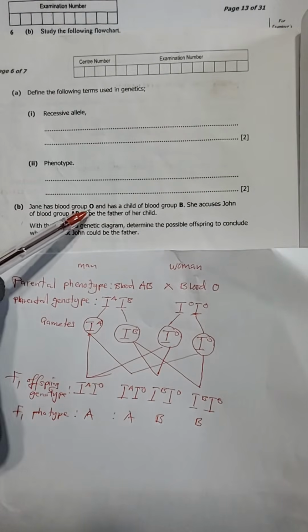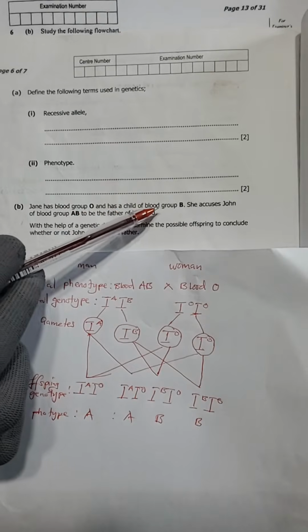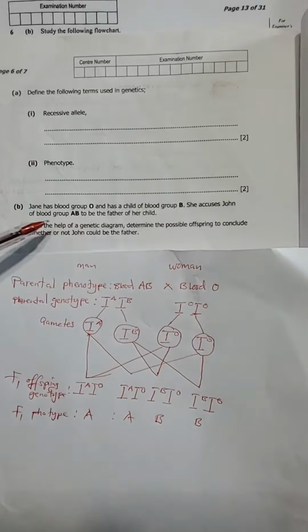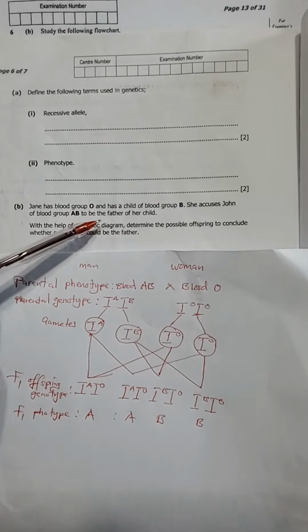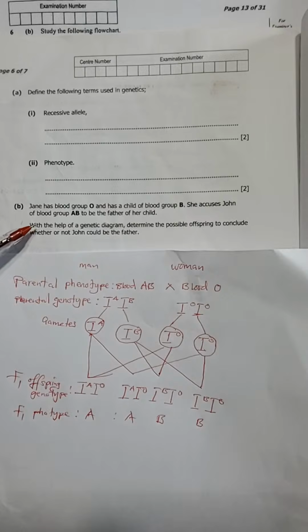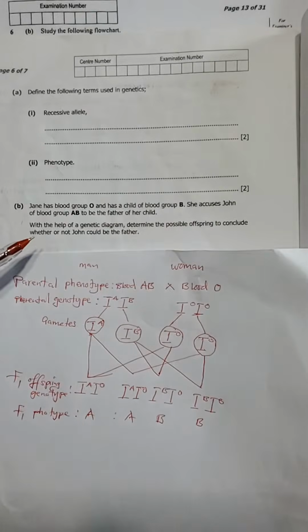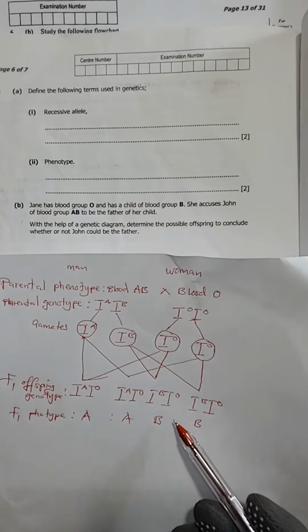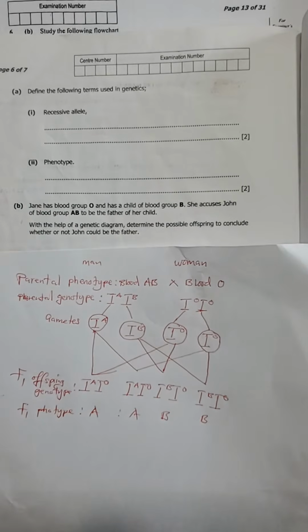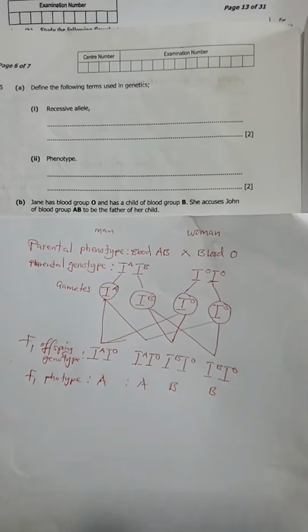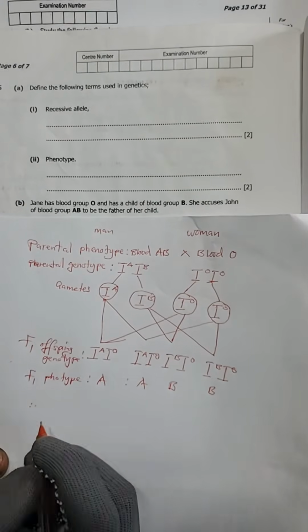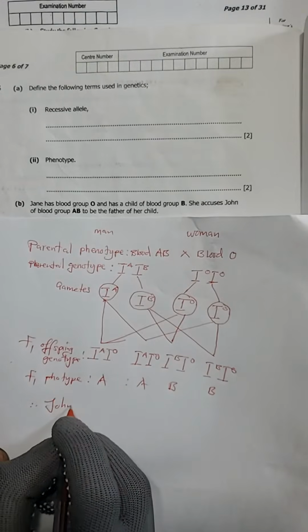Jane has blood group O and has a child of blood group B. She accuses John of blood group AB of being the father of her child. With the help of a genetic diagram, determine the possible offspring to conclude whether or not John could be the father. According to the genetic diagram, yes, it's possible.